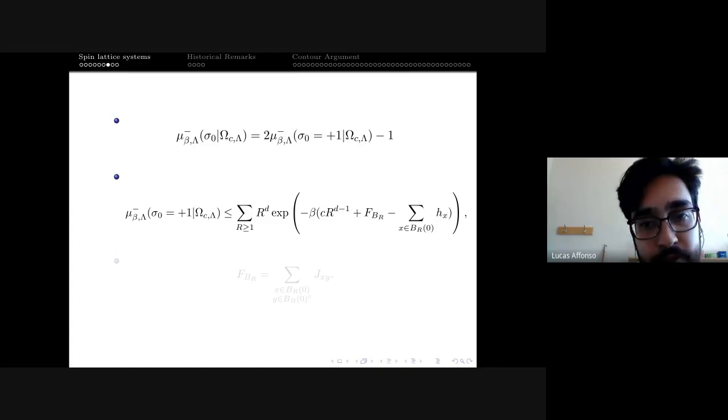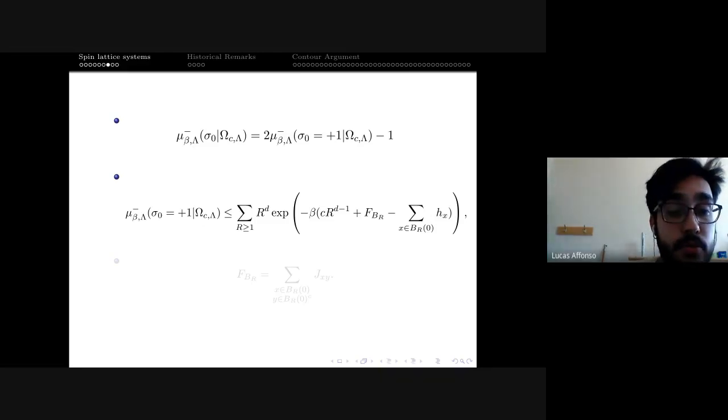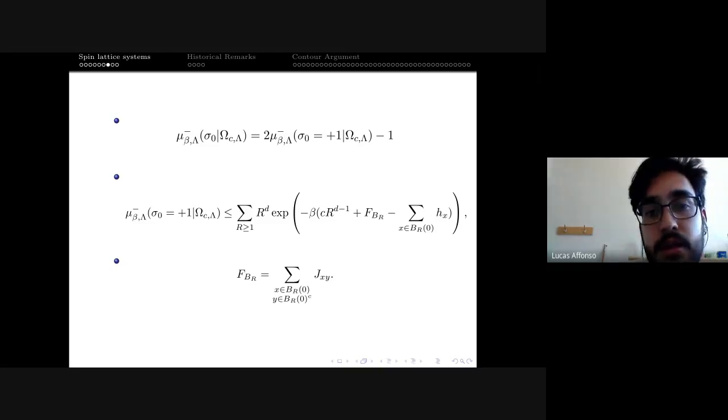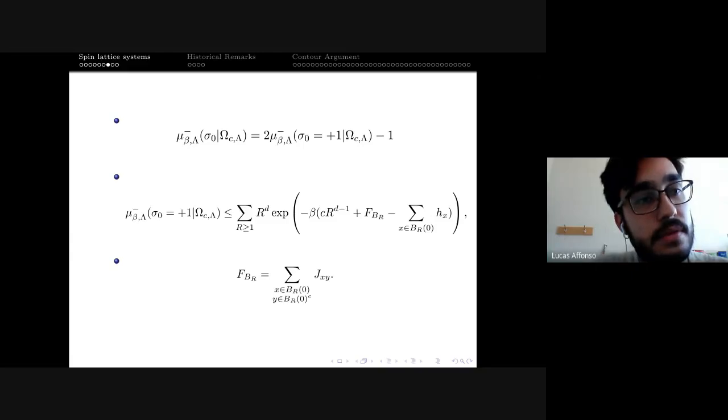And since we have a decaying field and a long range interaction, we should have some different terms, where this F_Br is responsible for the long range interaction, and the last part here is the decaying field part.